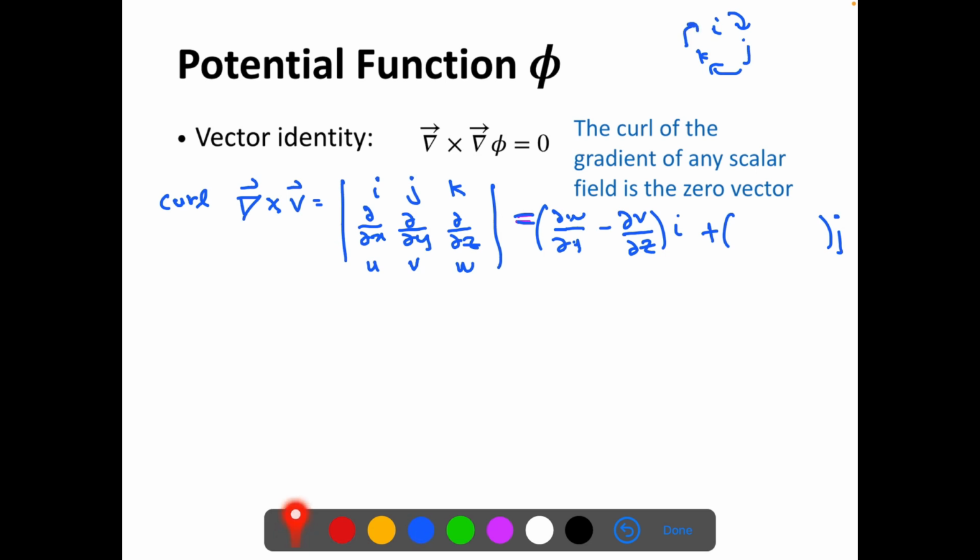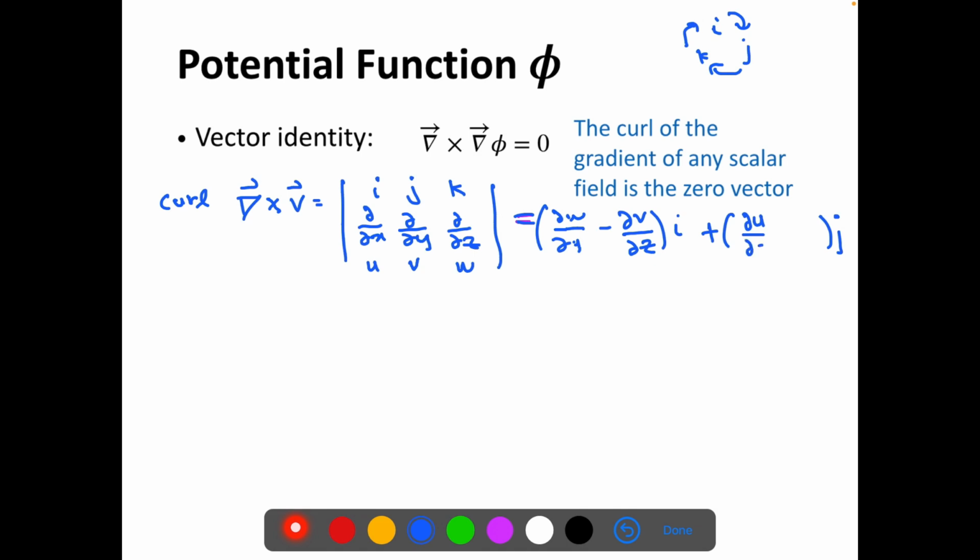So for j, you close this one, so it must be k times i. The i to j times k is okay, but for j, you close this j, so it must be k times i. You cannot use i times k because it will be negative. So del u over del z.